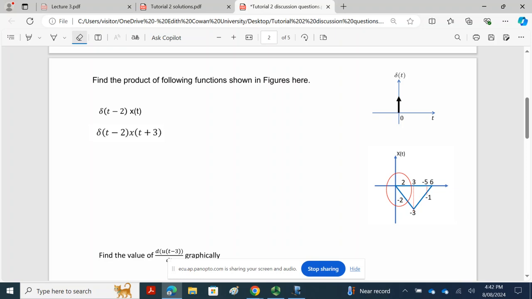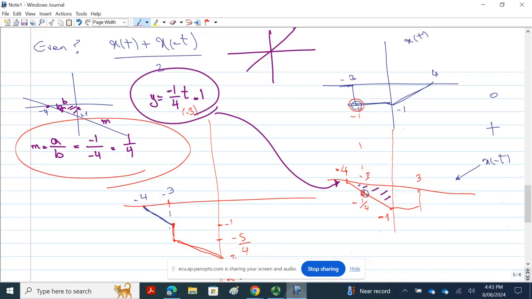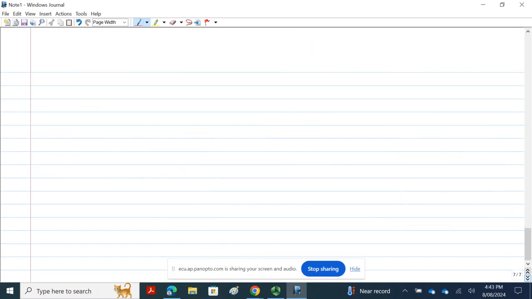Now, let's review time shifting. Remember, we said if you have x(t), let's say this is 0 to 1. What's x(t minus 1)?